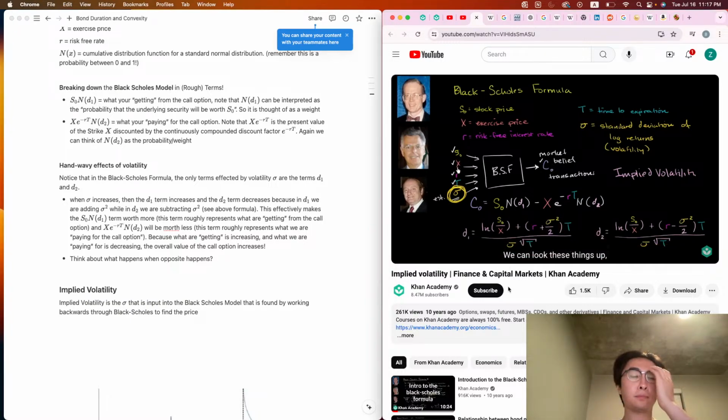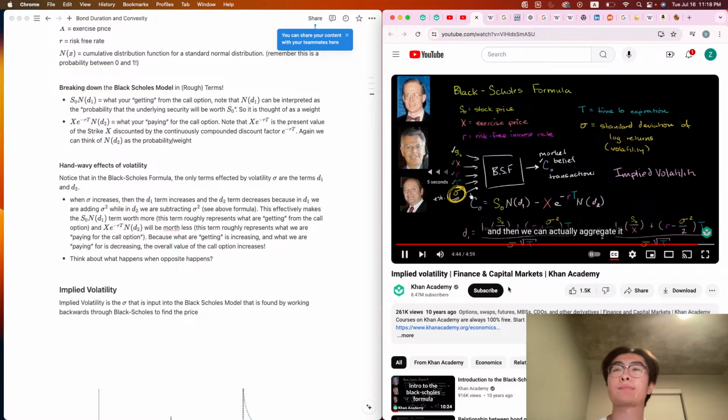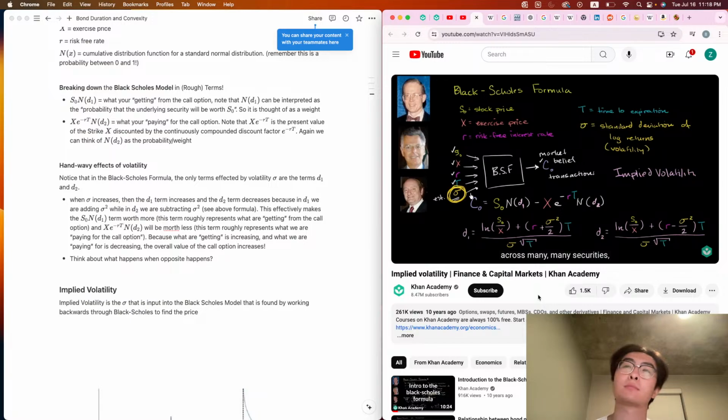We can look these other things up, but based on what the market is trading these options at, can we figure out the implied market belief about volatility for that security? Then we can aggregate it across many securities and come up with an implied volatility for given markets at a time.